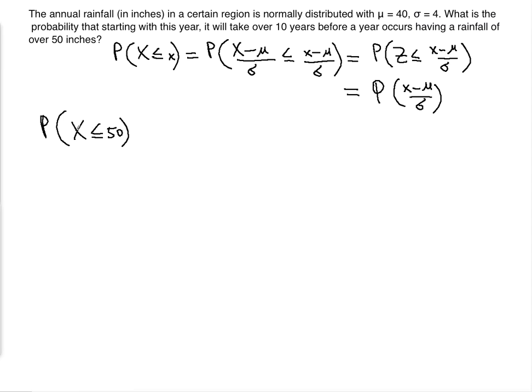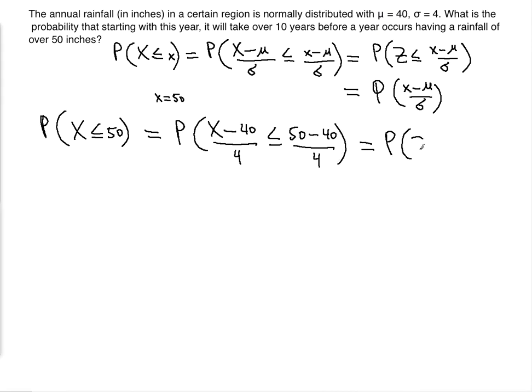All right, so first we need to calculate this, and that's going to be X minus mu, which is 40, divided by sigma, which is 4, less than or equal to the small x value, which is 50. So that's 50 minus 40, divided by 4.